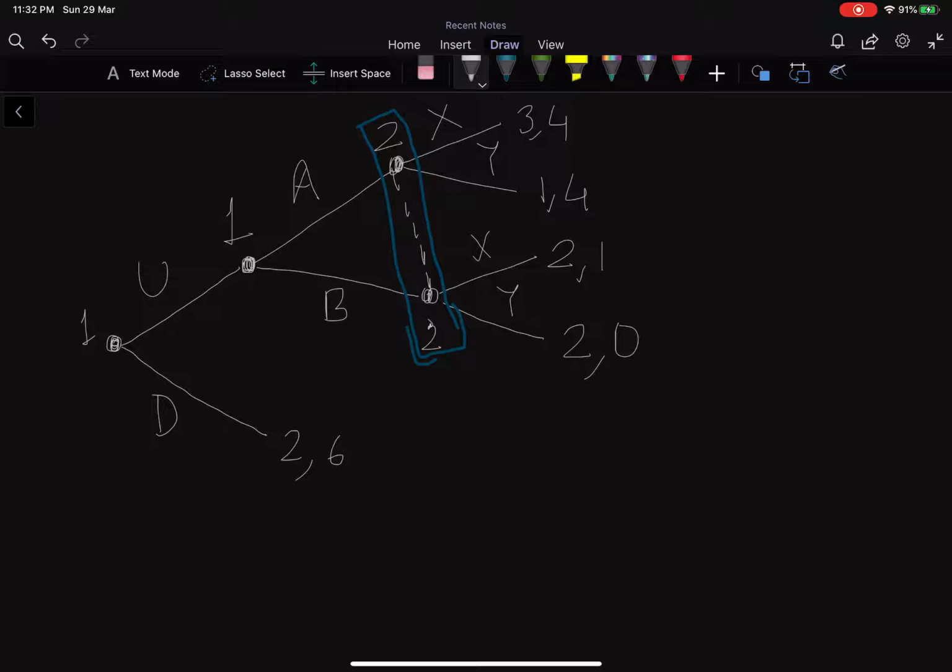Because first 1 makes a move, then 1 makes another move without knowing what 2 is doing, and 2 also makes a move without knowing what 1 has done after choosing U. So this is a sequential move game because there is partly a sequence, since 1 has to move twice, but once player 1 chooses U, then there is a simultaneous move game happening within that sequential move game, right?